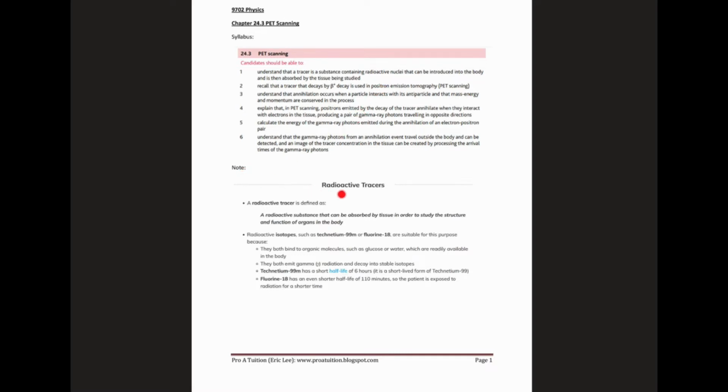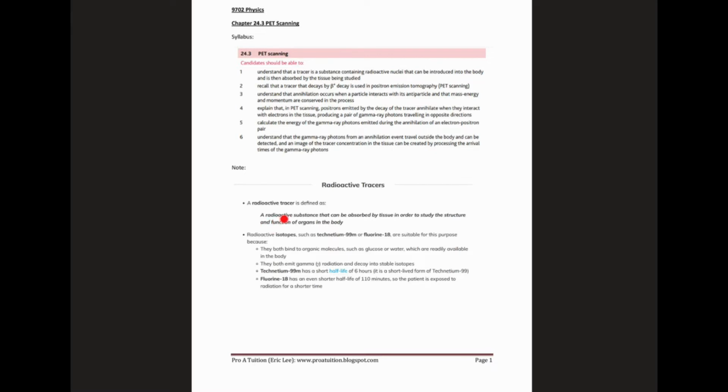This is the start of the notes. Radioactive tracers. The first point: a radioactive tracer is defined as a radioactive substance that can be absorbed by tissue in order to study the structures and function of organs in the body. From here, you can see something like this.